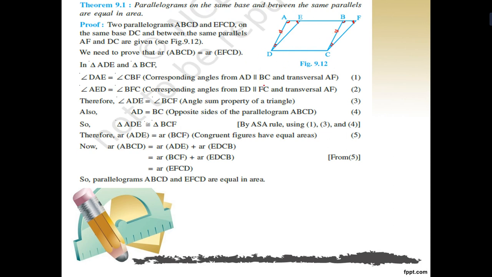So according to the ASA rule, triangles ADE and BCF are congruent. Therefore the area of ADE is equal to the area of BCF.